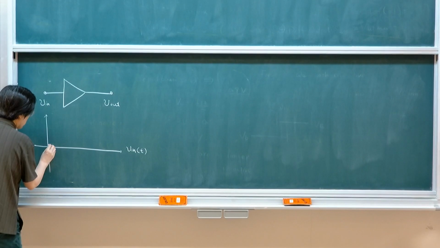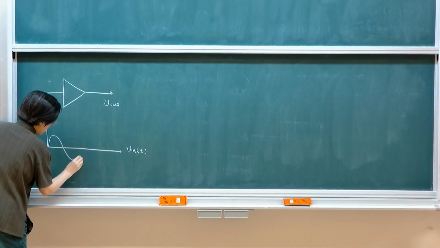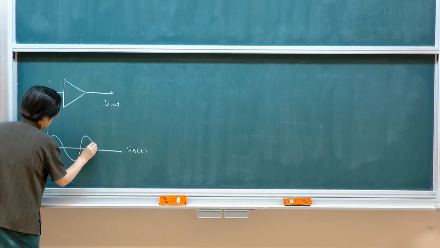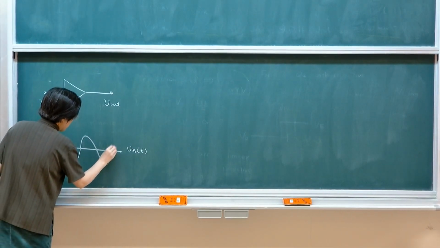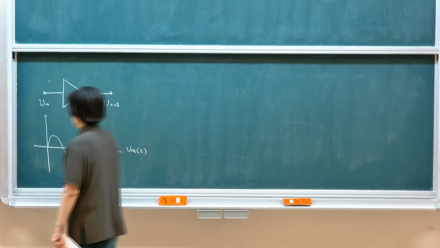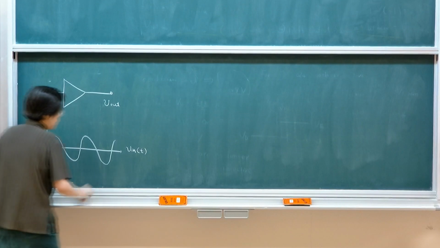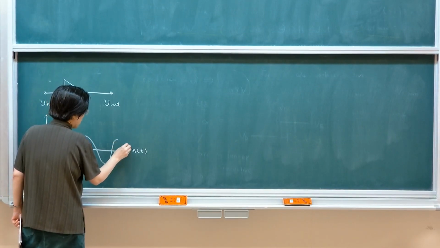So this is my input signal. And let's say I have a circuit with a gain of 2.